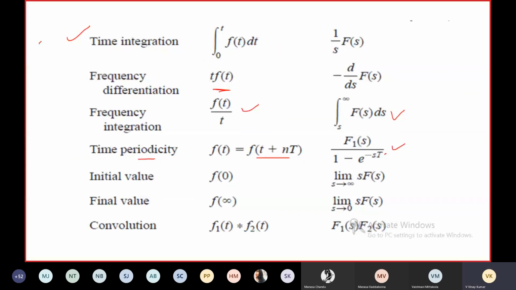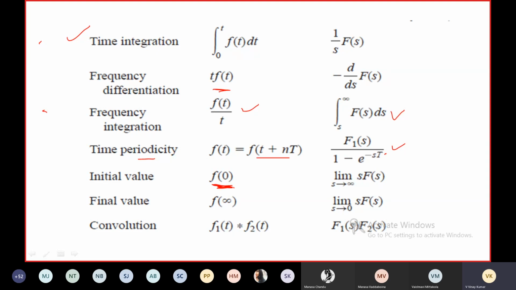Next, coming to initial value. You can also find initial value: f of 0 is equal to limit s tends to infinity s F of s. Normally, in the last unit, if you want to find initial value or final value, we use the properties of inductor or capacitor.